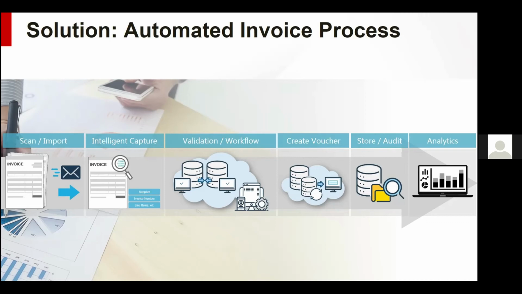If everything matches up properly on a PO-based invoice, it will then immediately generate the voucher within JD Edwards. If it's a non-PO-based invoice, what will happen next is it'll generate a workflow, one of the workflows that are defined for specific types of invoices. You'll start that process by moving the invoice to the first individual in the workflow.